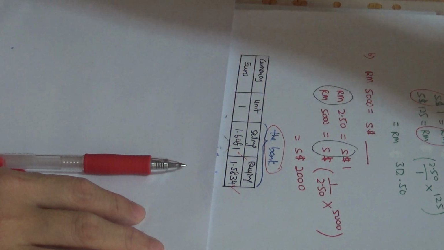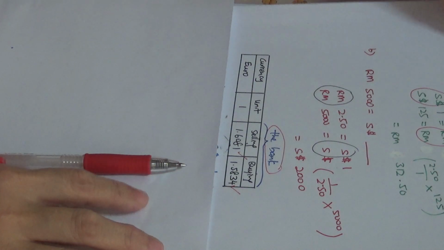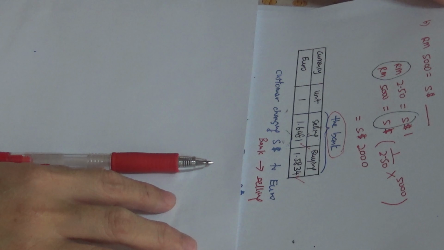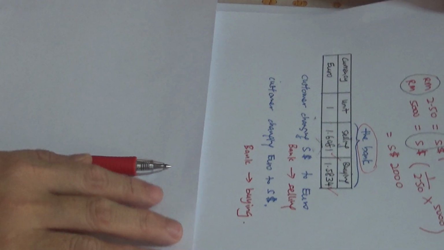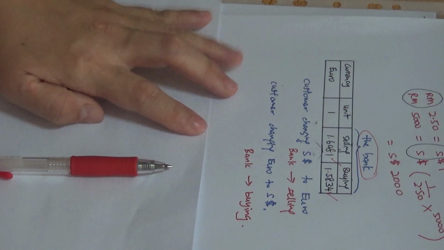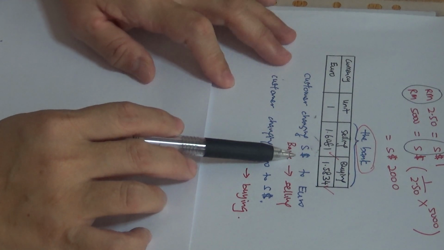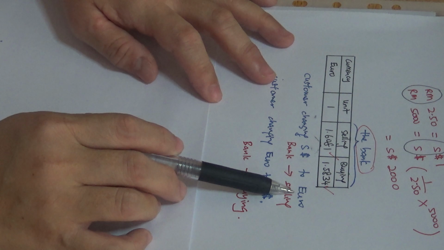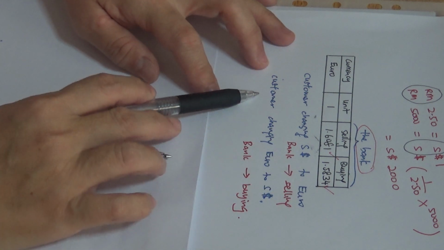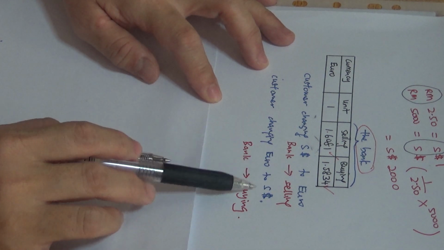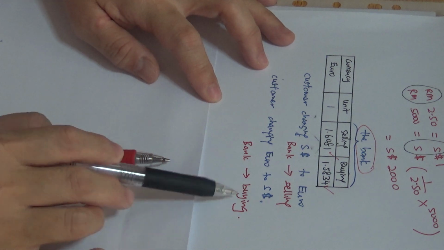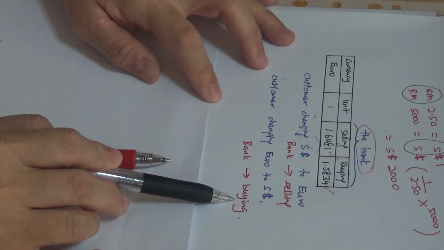So let us go to example 2 first. This is what I mean here. If the customer, that means you, anyone, is changing Singapore dollar to euro, the bank is selling. If the customer is changing euro to Singapore dollar, the bank is buying. Take note of that.